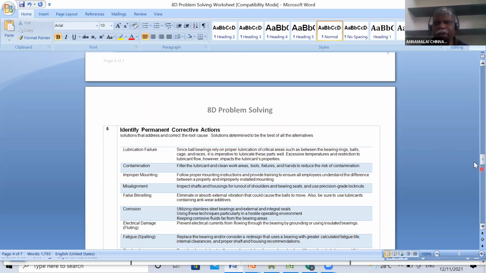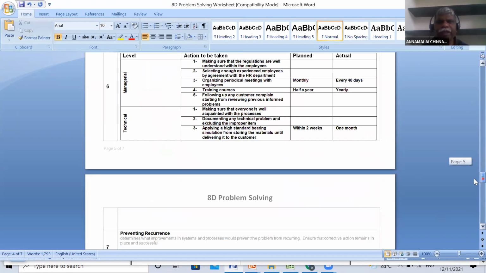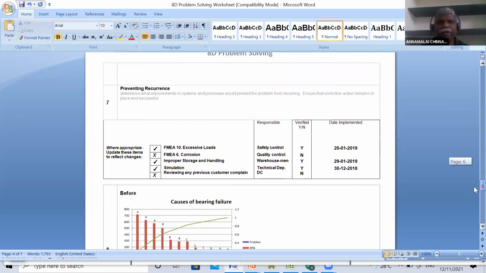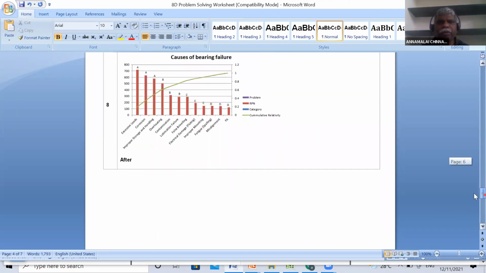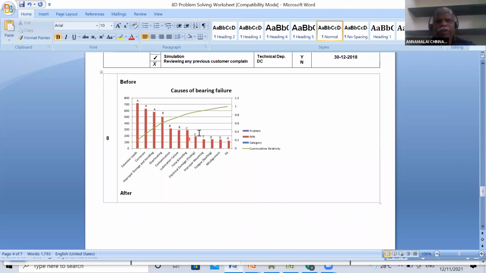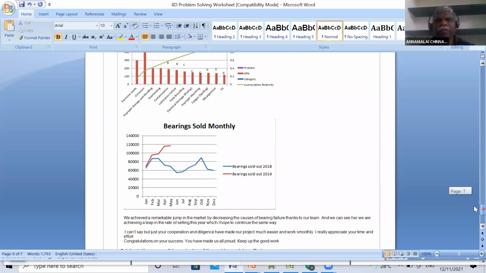So identify the permanent corrective actions, then implementing and validating the permanent corrective actions, and then what are the preventive actions you are taking. And then in the closing stage, you can also write what the problem was before. So you already quantified the problem before it was solved, and after the problem was solved, what is the condition, so that you'll be able to clearly tell that yes, real improvement is there.